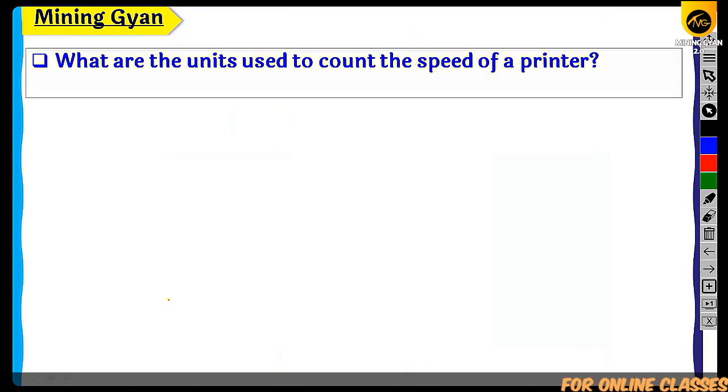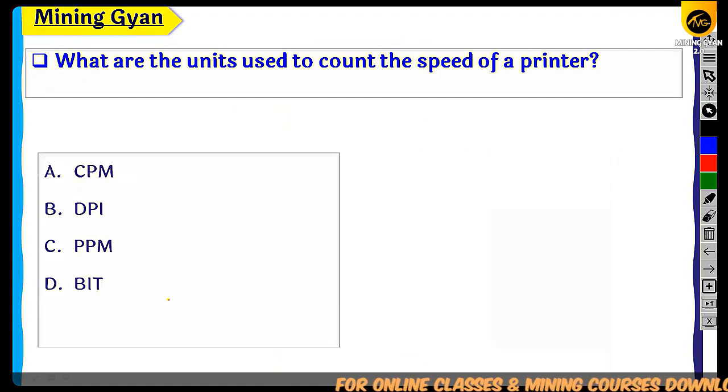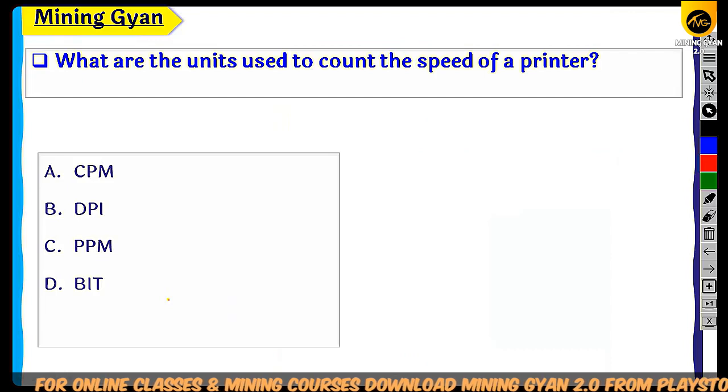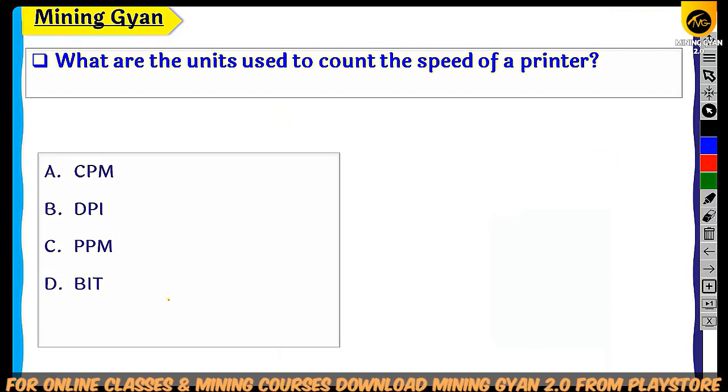Okay, next question: what are the units used to count the speed of a printer? First option is CPM, the second is DPI, the third is PPM, and last is BIT. How can we calculate the speed of a printer, using which kind of unit?